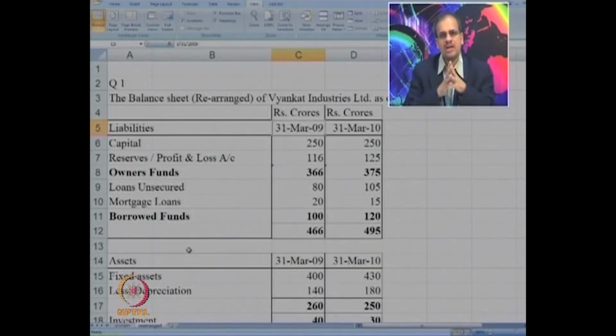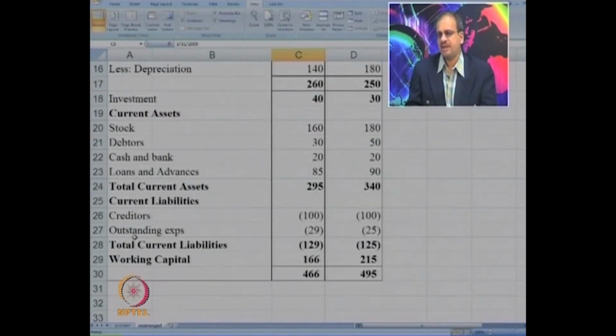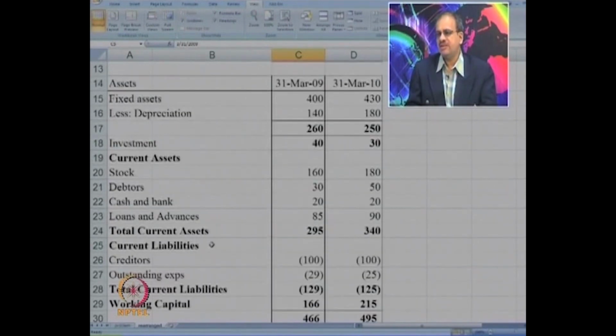So, you come to know what are the owner's funds and what are the borrowed funds. So, capital plus reserves are taken, and loan, unsecured loan, mortgage loan, you get the borrowed funds. Same way in the assets also slight rearrangement has been done. So, you know the working capital, investments and fixed assets.